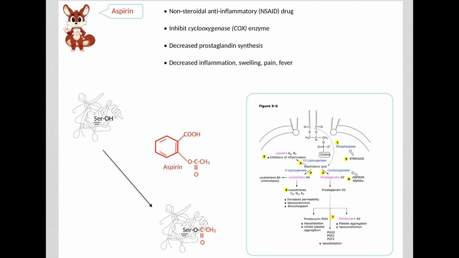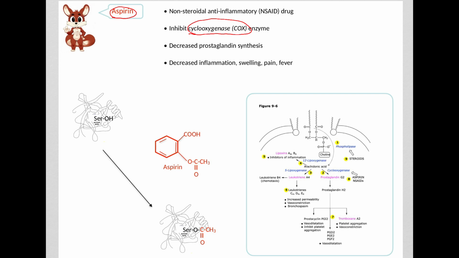Another example of an irreversible inhibitor is the drug aspirin. This drug aspirin is an irreversible inhibitor of the enzyme called cyclooxygenase, or COX.